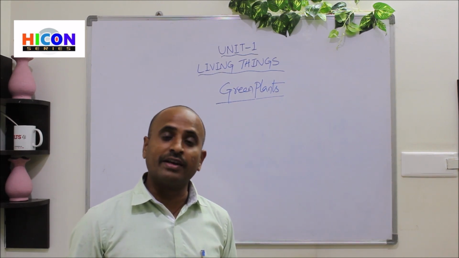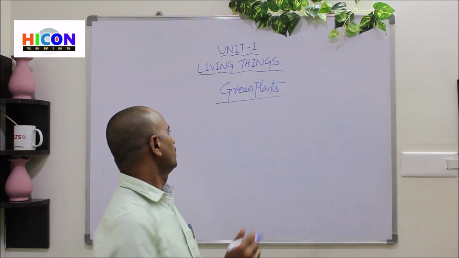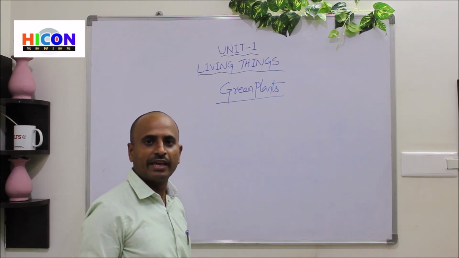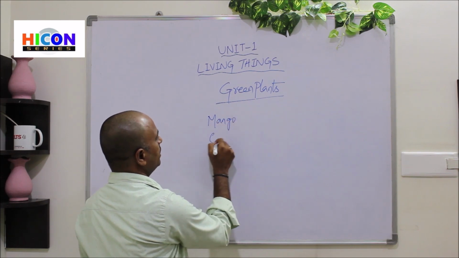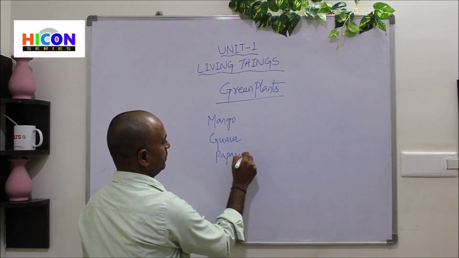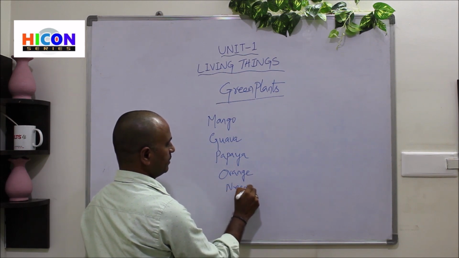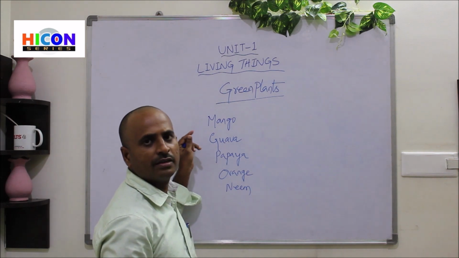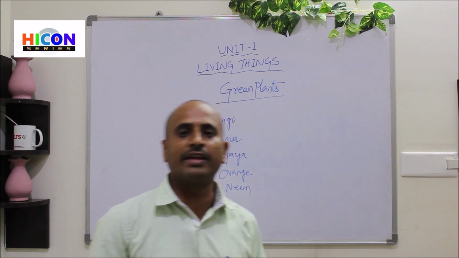Particularly in our region, the frequently observed plants in our area are the mango tree, guava tree, papaya, orange tree, neem tree, and some flower trees, etc. We observe these types of trees very frequently in our areas.